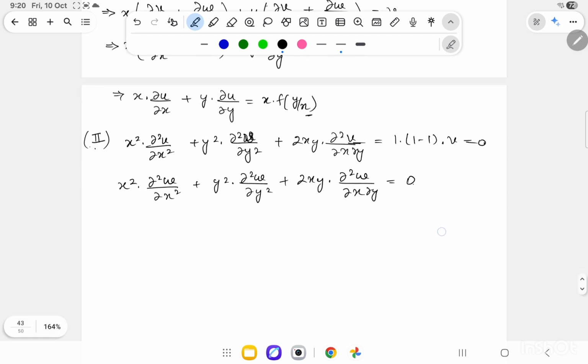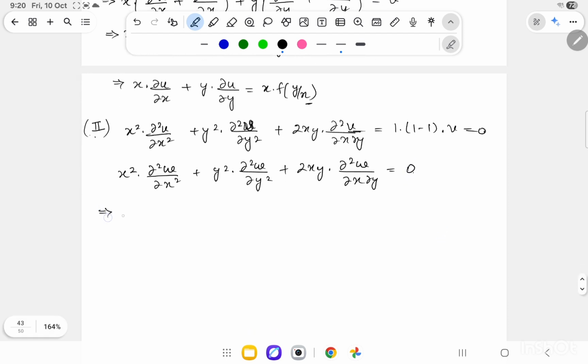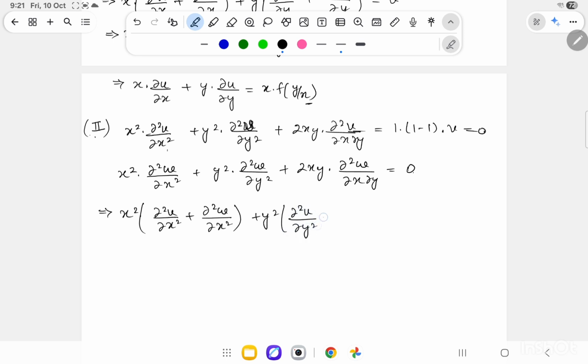Now we can add these two, and club them together, so it will be x square into (del square v by del x square plus del square w by del x square) plus y square into (del square v by del y square plus del square w by del y square) plus 2xy into (del square v by del x del y plus del square w by del x del y) equals 0.